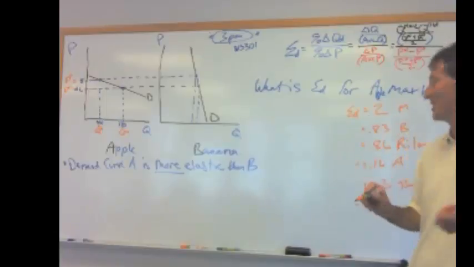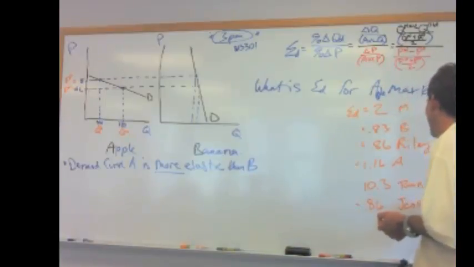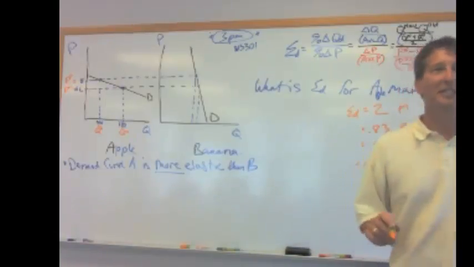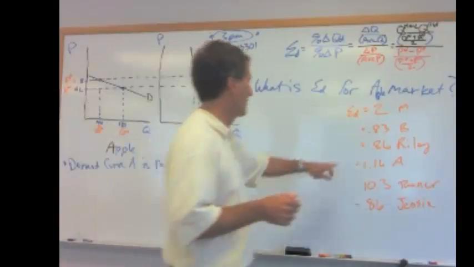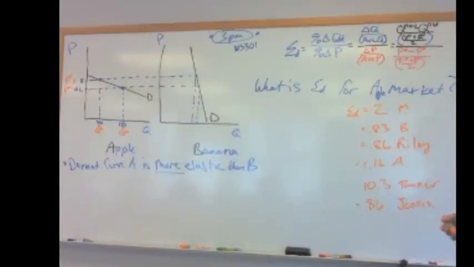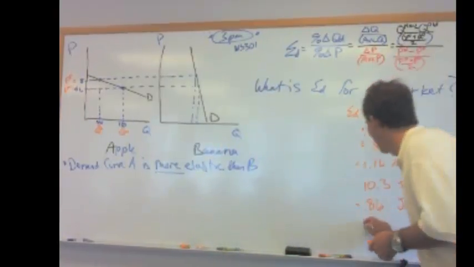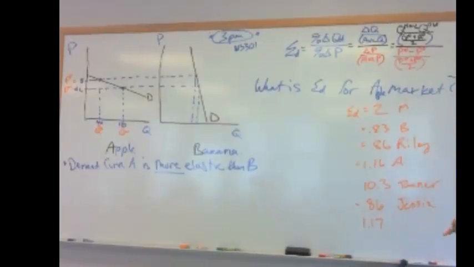Huh? Rolodex was not quite spinning fast. You got 1.162, okay. 1.17.